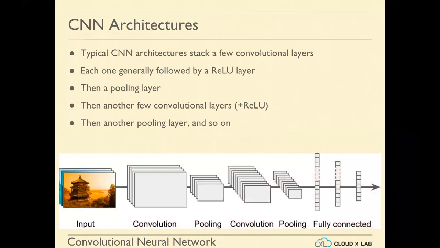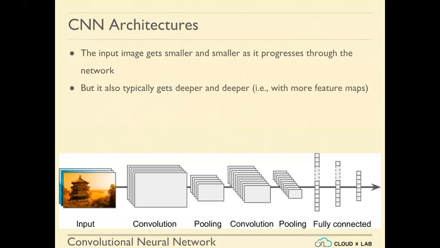Typically, CNN architectures stack a few convolution layers, each one generally followed by a ReLU layer, and then a pooling layer. Then a few convolution layers plus ReLU, and then another pooling layer, and so on. So we do that kind of convolution-pooling pairing, followed by fully connected layers. The input keeps getting smaller and smaller as it progresses through the network, but it also typically gets deeper and deeper, meaning more and more feature maps.